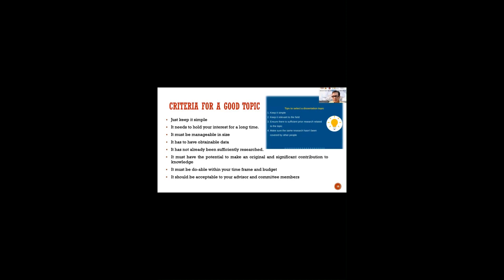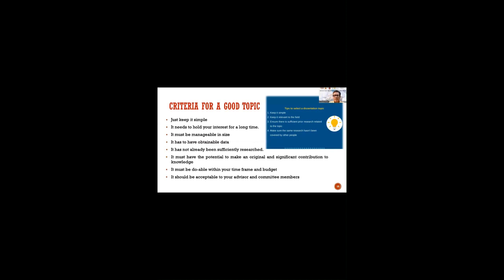Just keep it simple. Many times we have one topic where we've added multiple confounders and made it complicated. The topic should have a very simple research question. It needs to hold your interest for that long time. It must be manageable in size. It has to have obtainable data. It has not already been sufficiently researched.